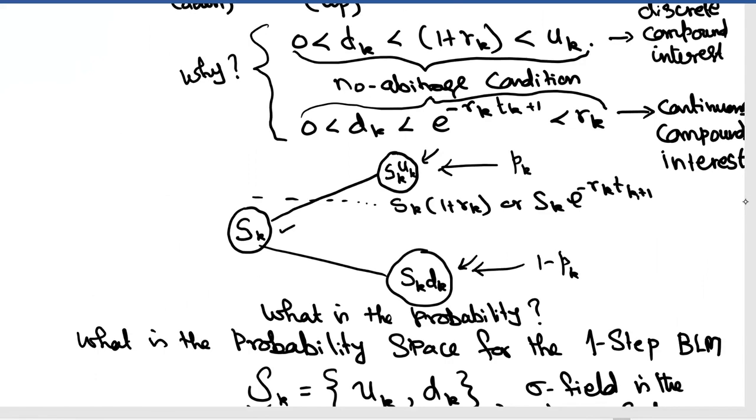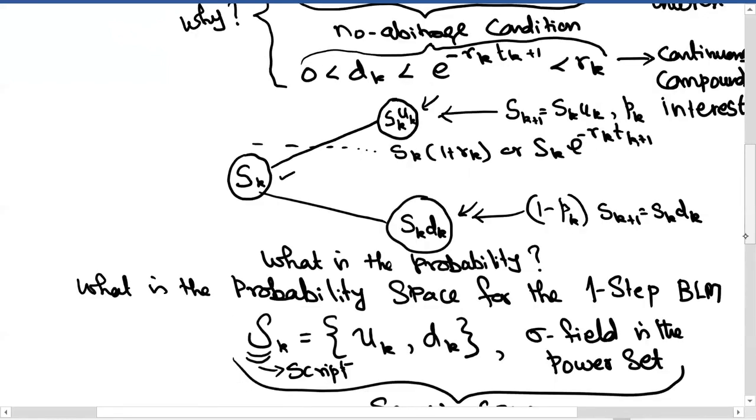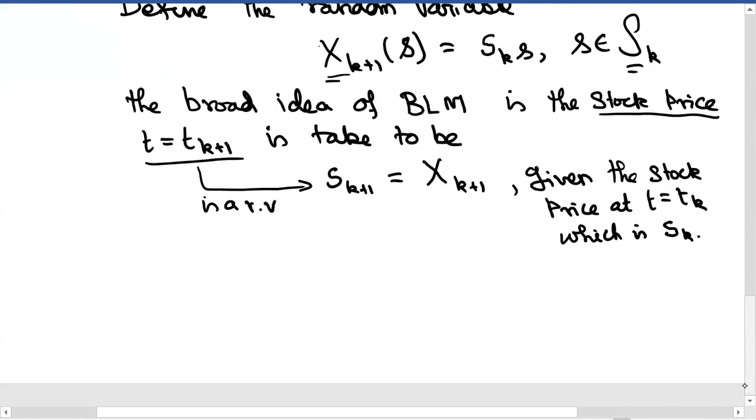Okay, so that's the idea. It means the probability sk plus 1 is sk uk with probability pk, or sk plus 1 is equal to sk dk with probability 1 minus pk. So this is the broad idea of the binomial lattice model.